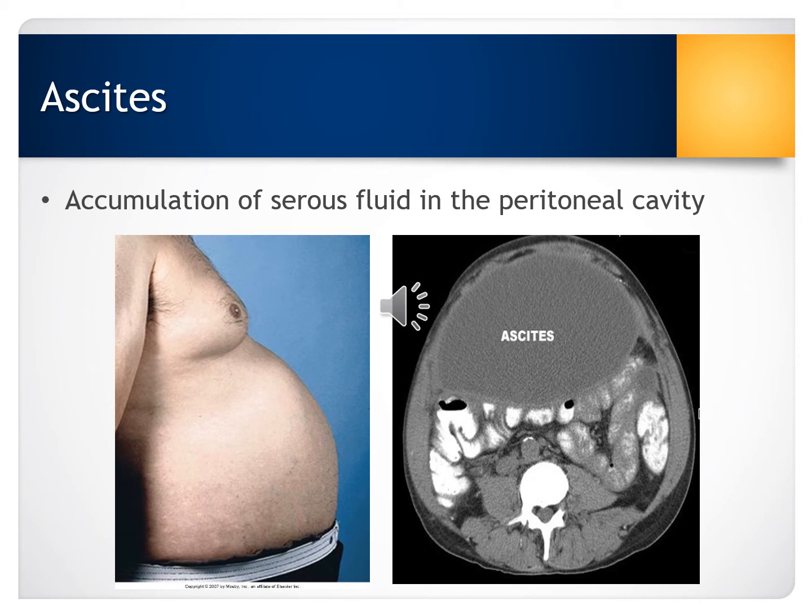Ascites is the accumulation of serous fluid in the peritoneal or abdominal cavity. When a person has portal hypertension, proteins move from the blood vessels by way of larger pores or capillaries in the lymph space. When the lymphatic system is unable to carry off the excess proteins and water, proteins begin to leak into the peritoneal cavity.